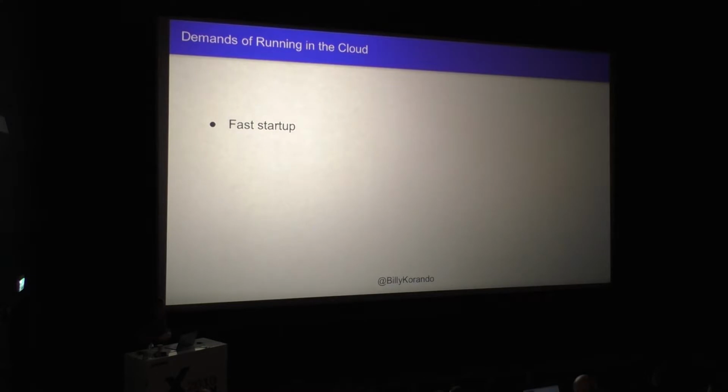So, demands on running in the cloud. You need fast startup, obviously. Get that red as small as possible to the left-hand side. Minimal memory footprint, so reduce the memory you need to run efficiently without too much loss in throughput. Similarly for CPU usage.